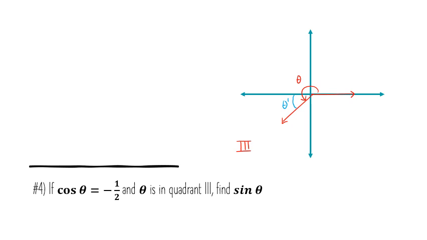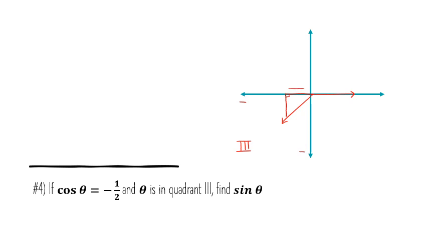So I am looking at a triangle here. I maybe want to clean this up just a tad so that we can focus. We are looking at a right triangle where I know the cosine is negative 1/2. Well, that's convenient because in quadrant 3, both the x and the y are negative.